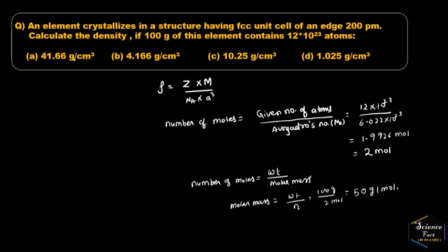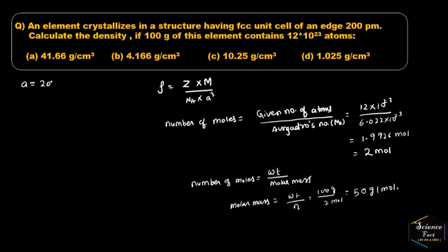Since all the options are given in gram per centimeter cube, but the edge length in this case is given as 200 picometer, before going to the formula we have to convert the edge length unit into centimeter.